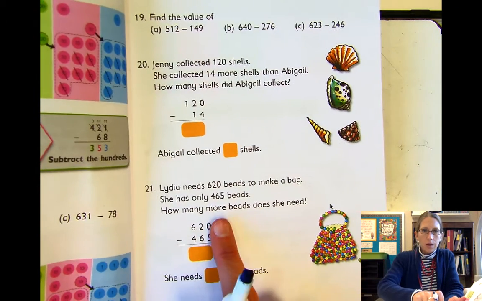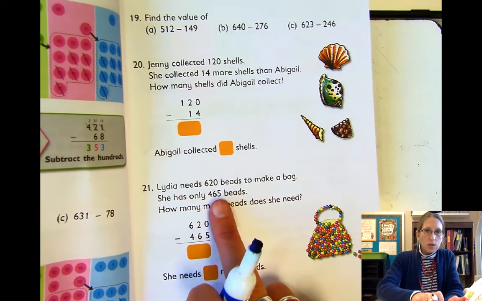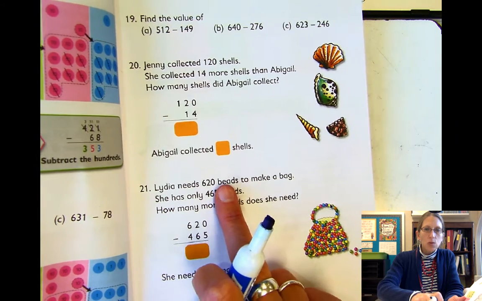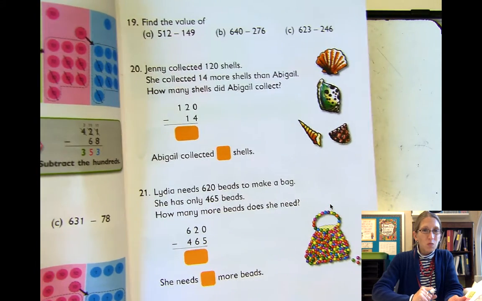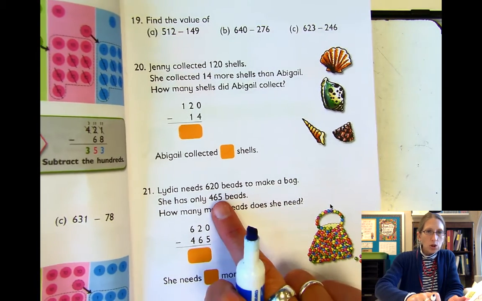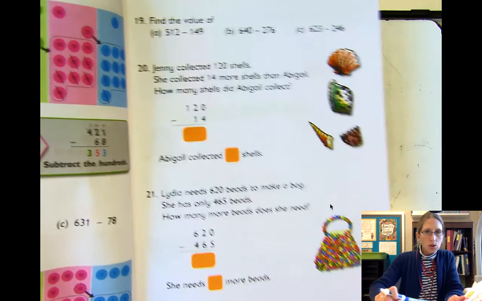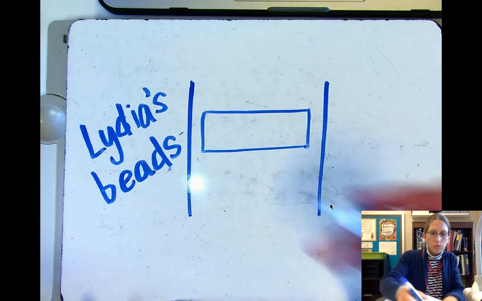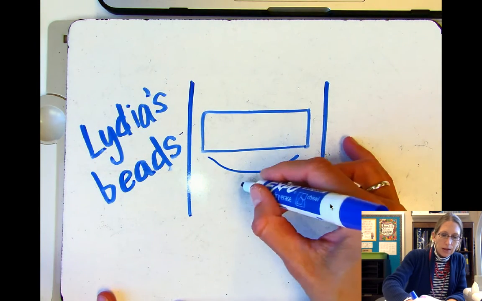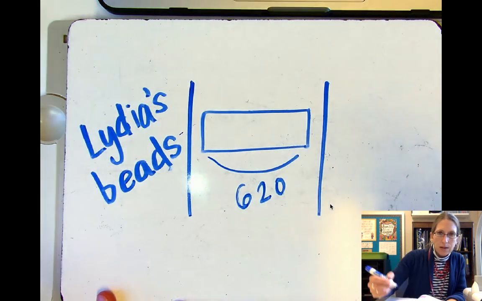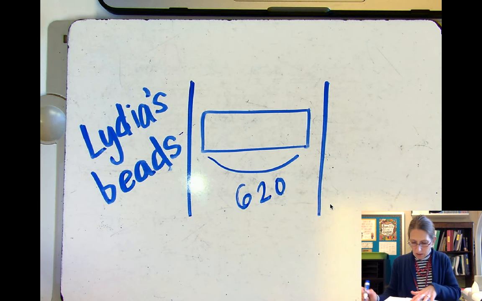Let's see. Lydia needs 620 beads to make a bag. That's kind of our whole number. She already has some beads, but then she needs some more. So what that would look like is, this is how many beads she needs, 620.